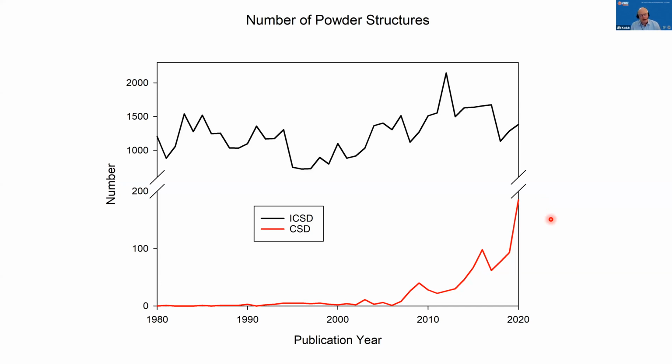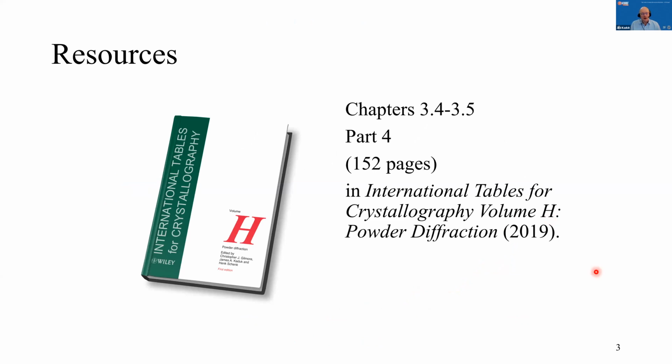You may think you never will need to, but many times in the course of a tech service problem, I've encountered new materials. So I've had to do this, and I choose to look at it as an opportunity rather than a problem. If you want to learn more about this, I think the best place to start is volume H of the International Tables. This is a completely unbiased recommendation because I'm one of the editors of the volume.